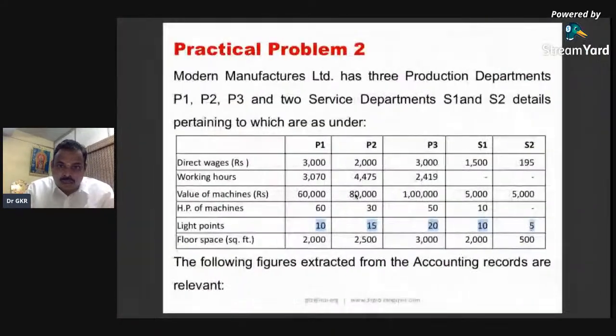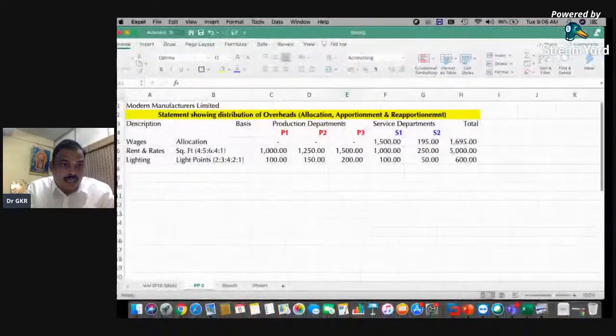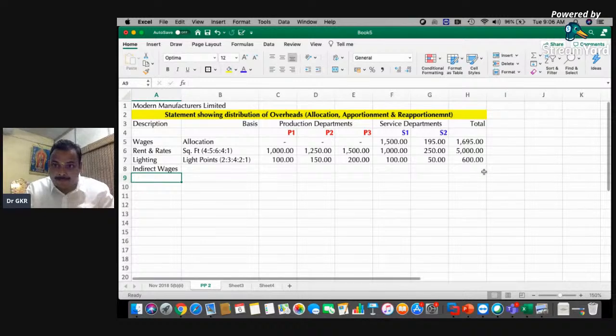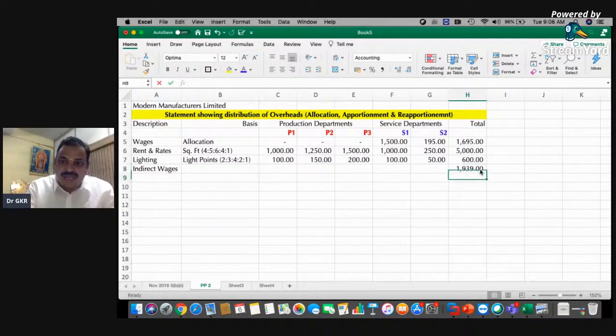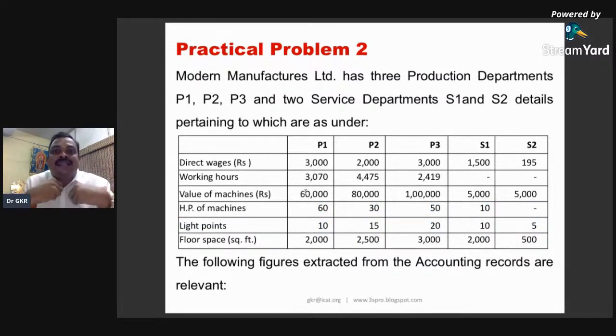So what's the next one, guys? The next one is your indirect wages, 1939. Which will be an ideal ratio to actually distribute your indirect wages? Whether it is floor space, any method you can do, but indirect wages is something unskilled labor.